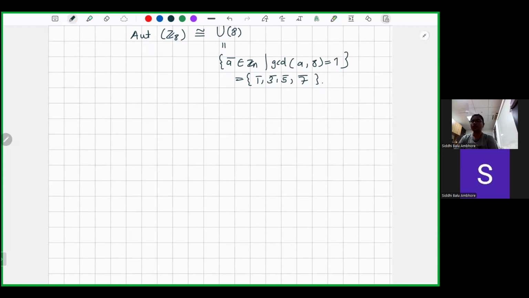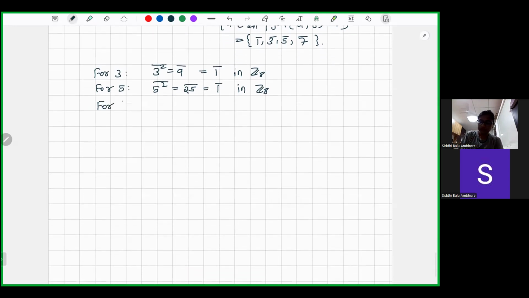And we will check for each of these elements. For 3, 3 square is 9, so 3 bar squared is 9 bar, that is 1 bar in Z8. Similarly for 5, 5 square is 25 bar, that is again 1 bar in Z8 because 24 plus 1 gives me 25, congruent to 1 mod 8. And for 7, 7 square is 49 bar.